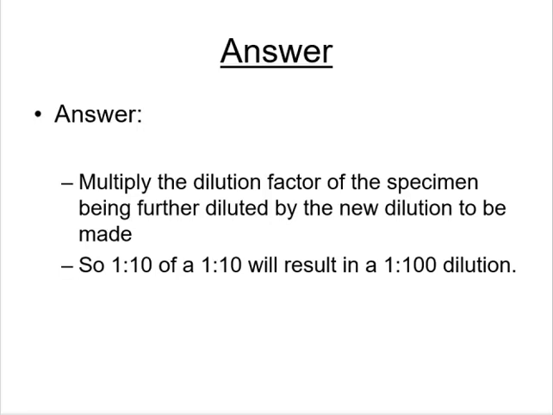So the first dilution was a 1 to 10. The second dilution was a 1 to 10. So the final dilution is a 1 to 100 because you take the dilution factor from the first, the 10, and the dilution factor from the second dilution, which happens to also be 10. So 10 times 10 is 100 to get your final dilution.